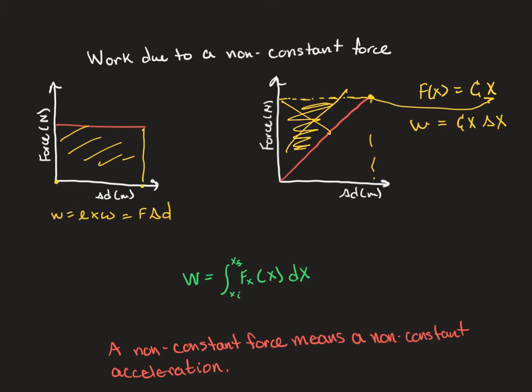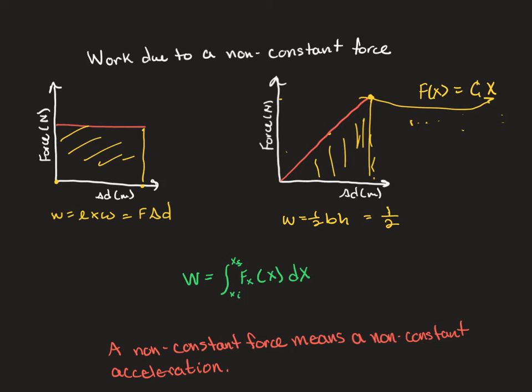So let's get rid of all of that, because that's not right. And let's talk about what we actually need to do. So graphically, if we have a shape something like this, one's not too bad to do just graphically. So you can do work equals 1/2 base times height, which is going to equal 1/2 times your constant times x2 minus your constant times x1, because that's what your force is equal to up here, times then x2 minus x1.